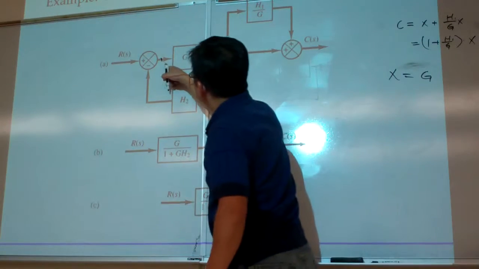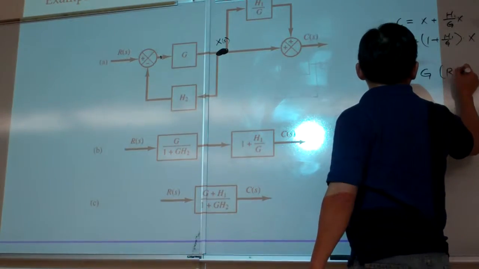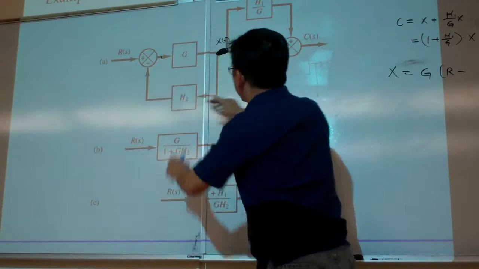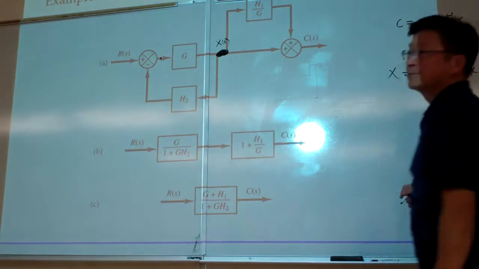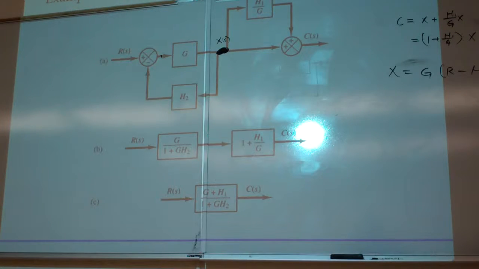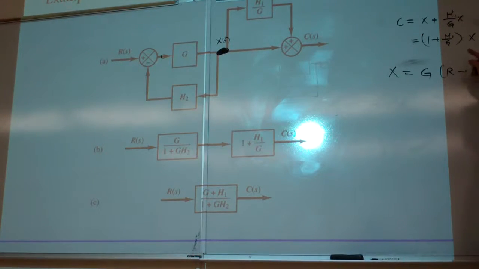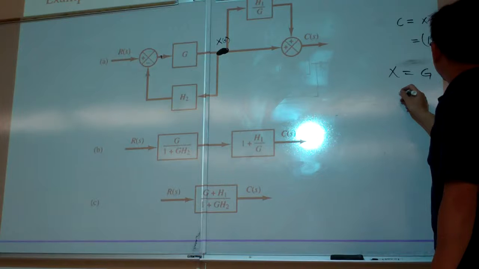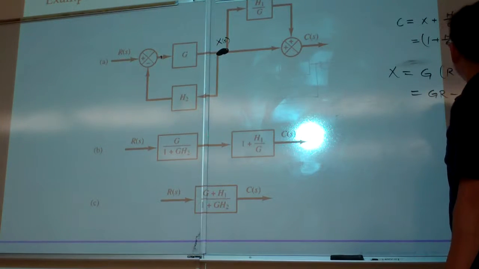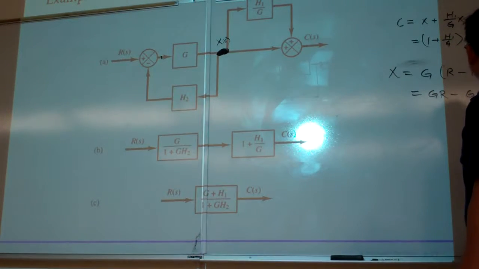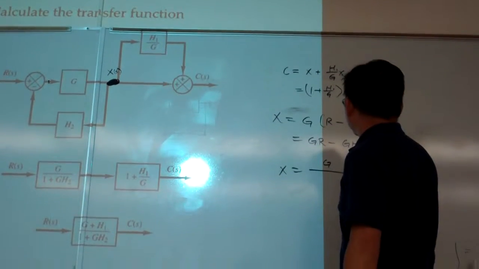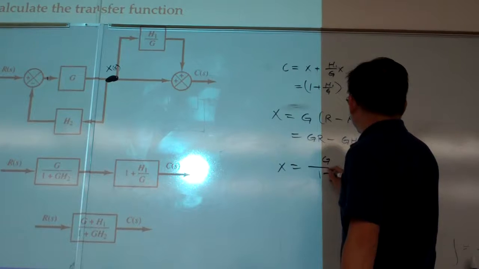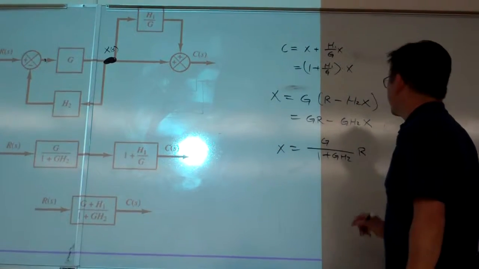That one is equal to R minus H2 times x. Right? So I will try to solve for x first and plug in here. So from here, x equals GR minus GH2x. Therefore, x will be equal to GR over (1 plus GH2) here.